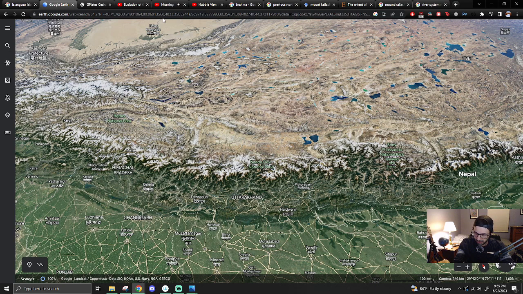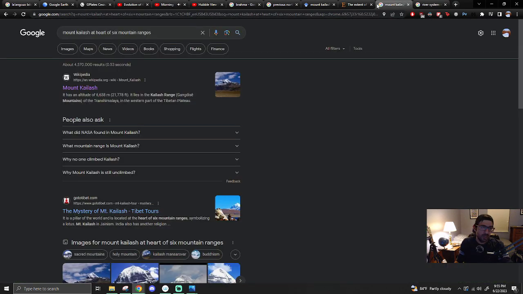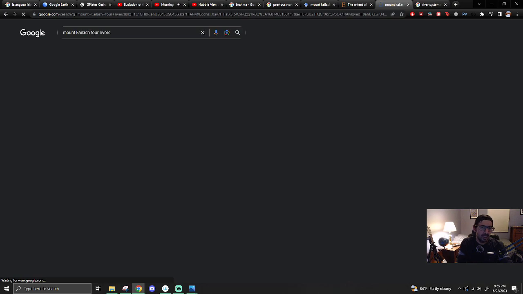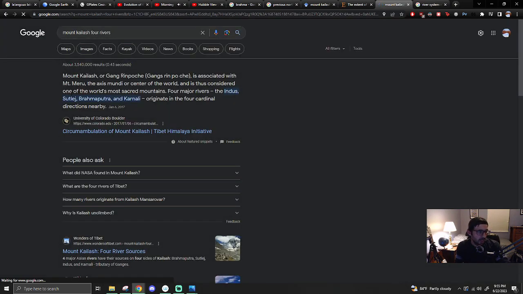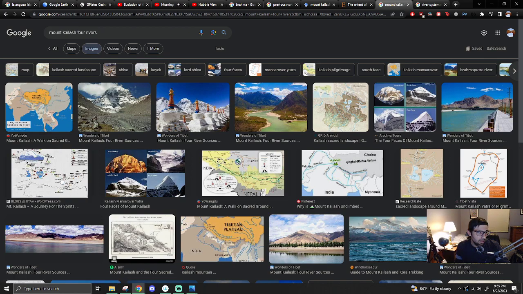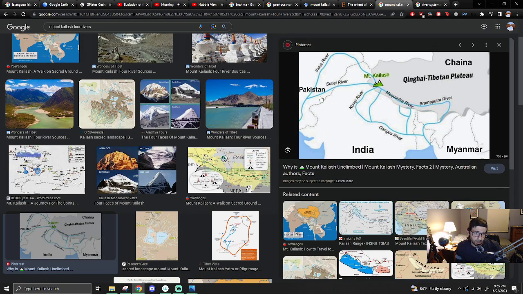Okay. The rivers are said to stretch to the 4 corners of the world, which are the Indus River, the Sutlej. This map shows it, I think.